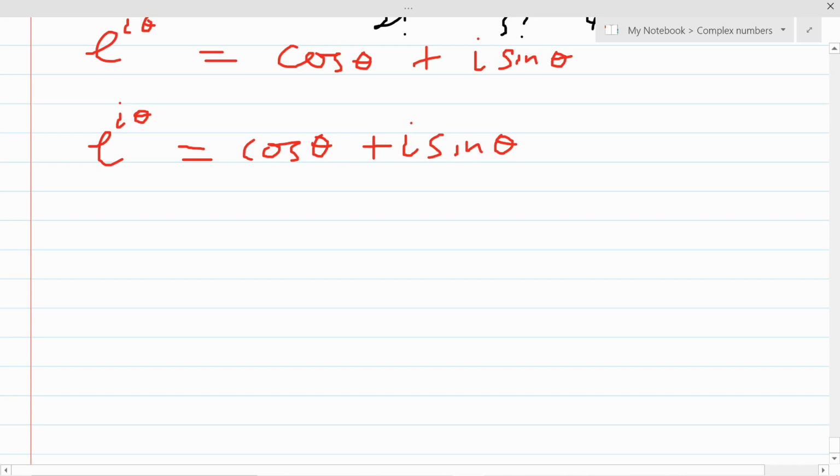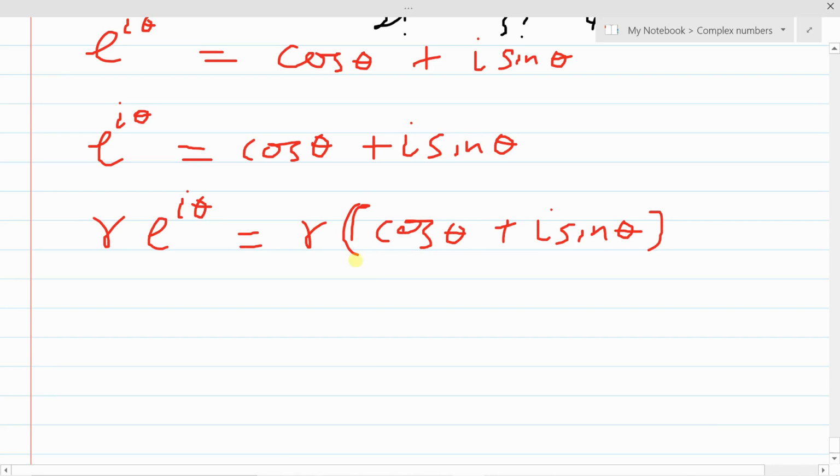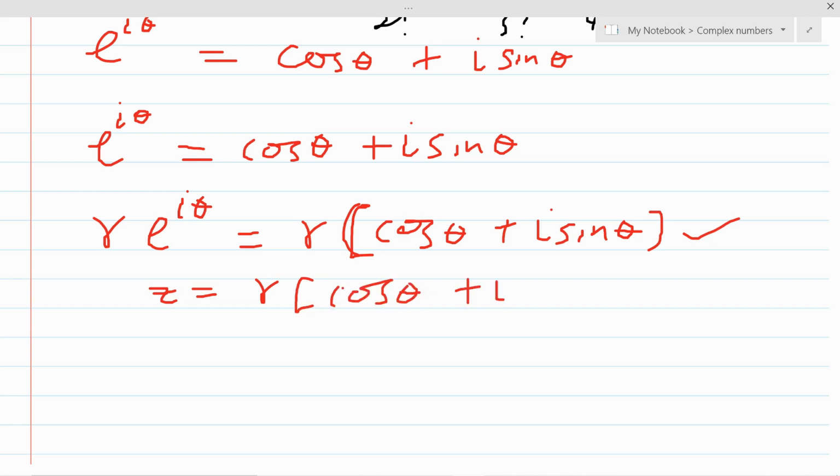Now let's multiply some constant, let's say r, to the e to the power i theta. If I multiply r by it, then this will be equal to r into bracket cos theta plus i sine theta. Okay. Now what does this tell you? This side is the polar representation of complex numbers. We said that a complex number z can be represented as some r times cos theta plus i sine theta. In fact, we said that this is just any arbitrary variable.